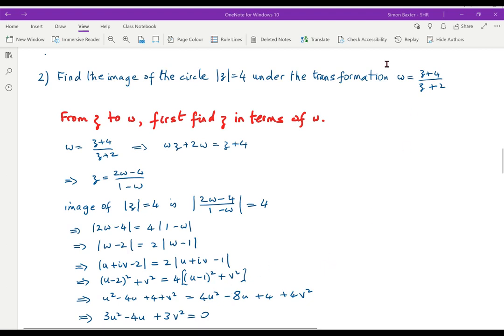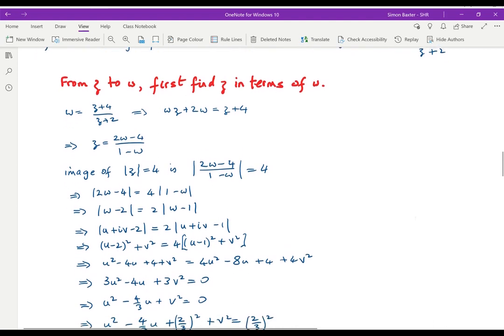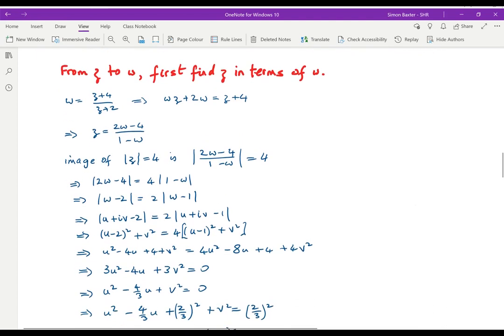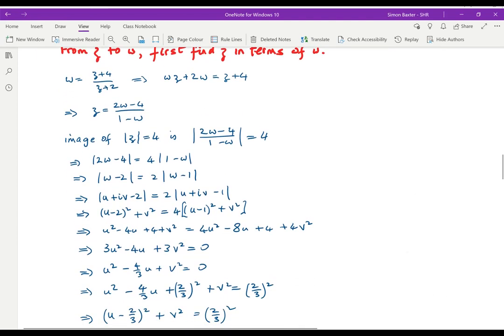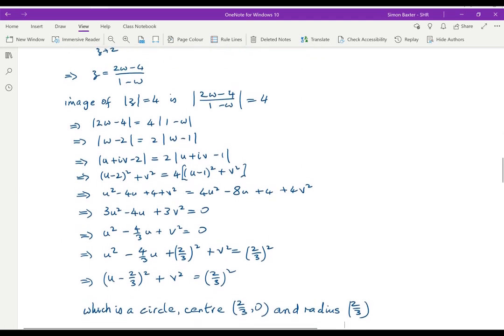A little bit of simple algebra, down to there, complete the square, add (2/3) squared each side, and there we have the equation of a circle, center (2/3, 0), and radius 2/3. You can always stop the video and look at it longer if you wish, or of course it will be in the notes.